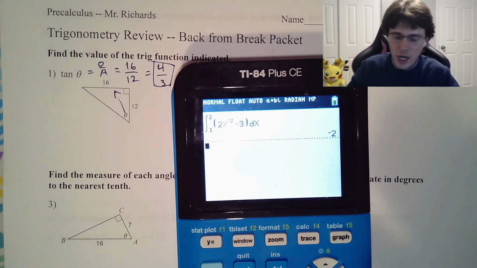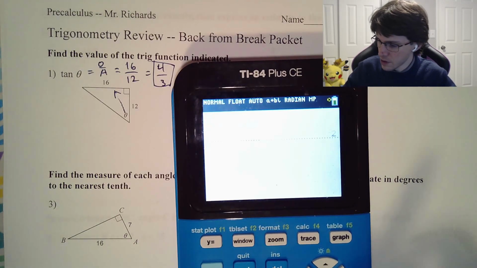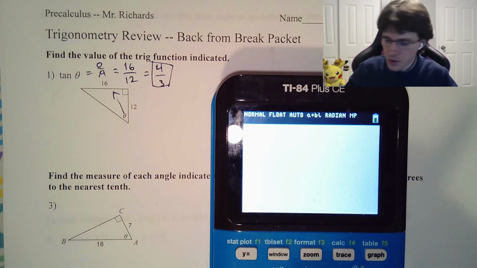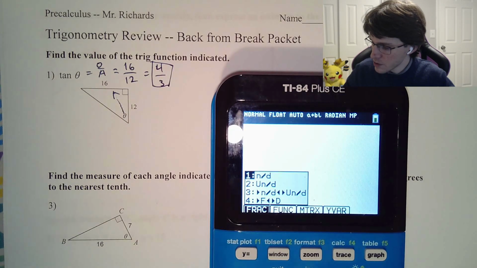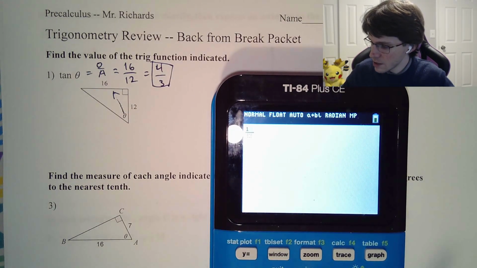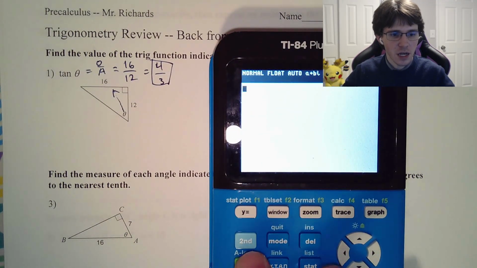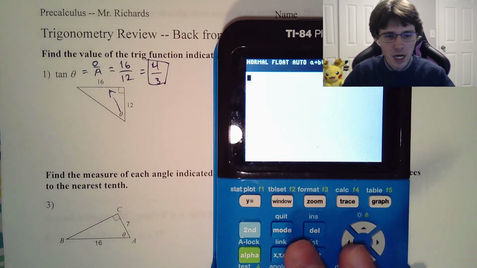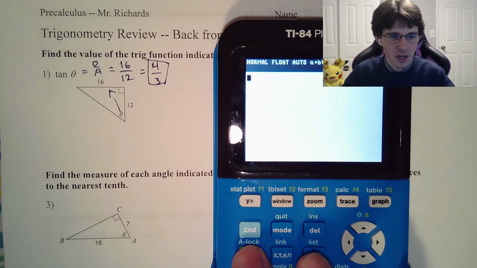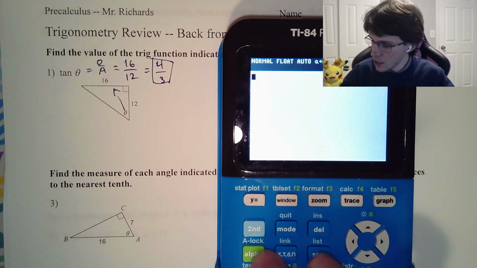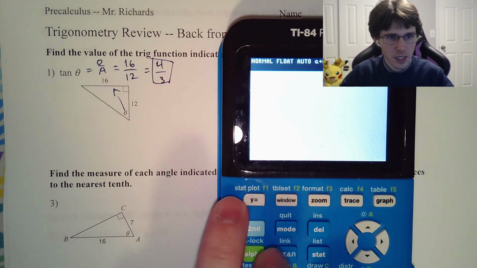To use your calculator to reduce the fractions, we'll clear off what you have on there, and then do alpha, y equals, enter. The alpha button is this green, sometimes yellow button that activates the F1 keys, and you hit the alpha and then the y equals in the top left hand corner.